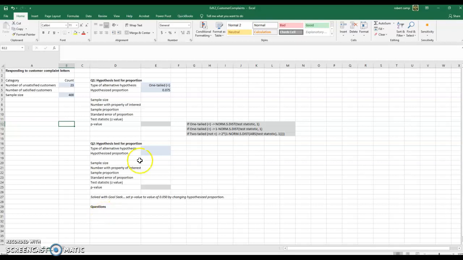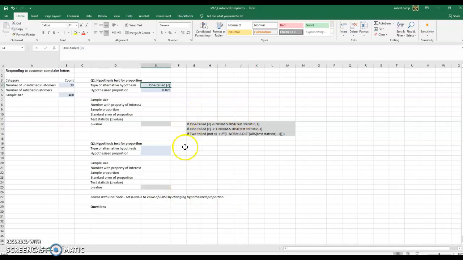What we are going to do is a one-tailed analysis, because we only want to know on one side of our curve. We're going to be looking at less than, because we have 7.5% and we want to know if we are less than 7.5%.